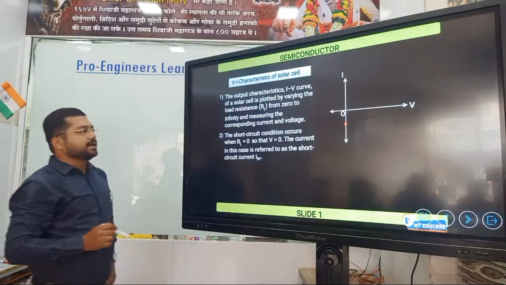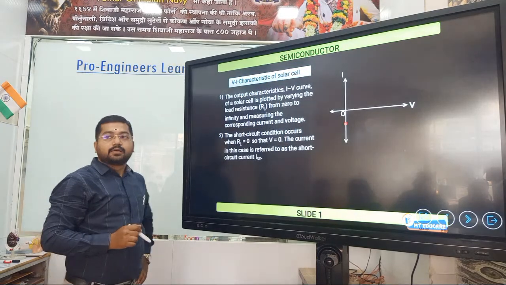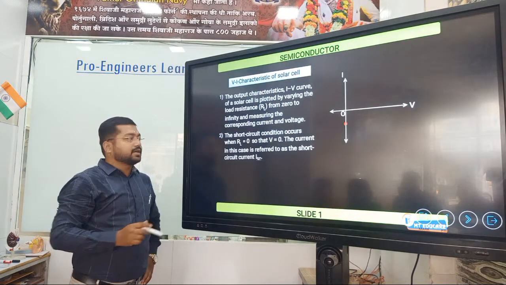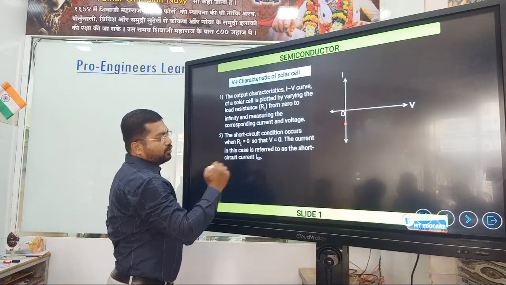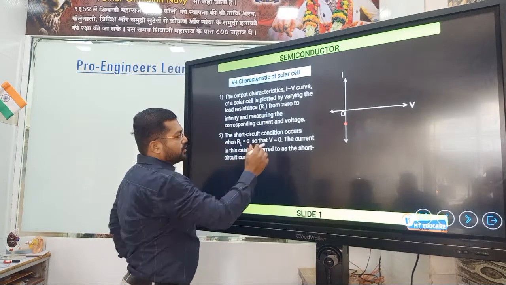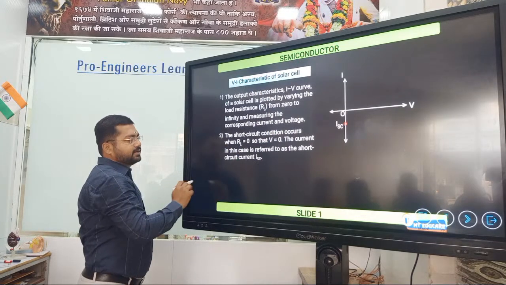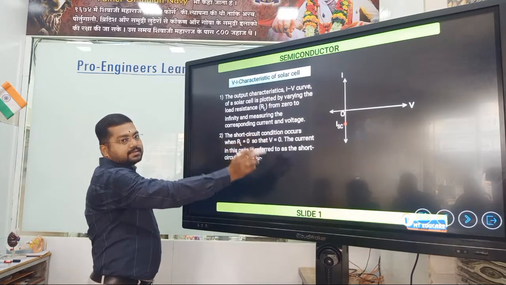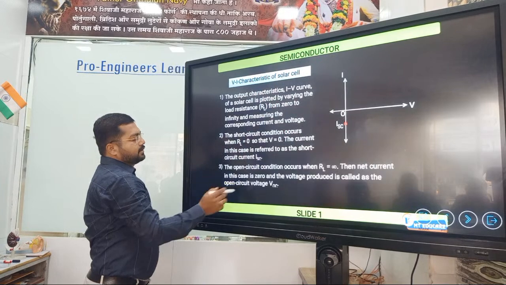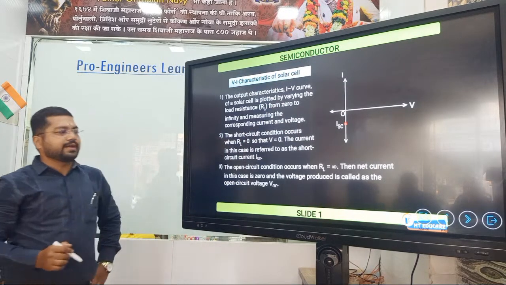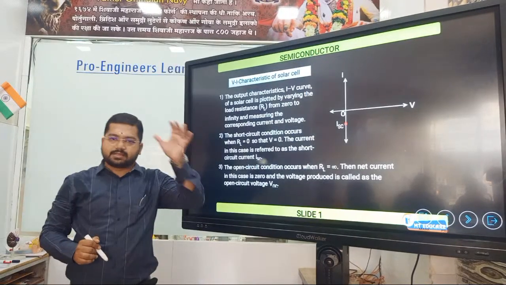The short circuit condition occurs when, which condition occurs? Short circuit condition occurs when RL is 0, load resistance is 0. So V is 0, the current in this case is referred to as short circuit current, ISC. The open circuit condition occurs when RL is infinity. What is the meaning of load resistance infinity?